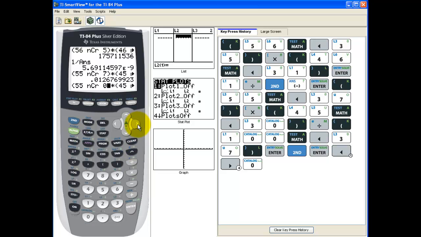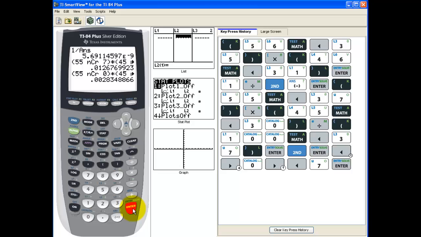It's supposed to be all Republicans. And then we want to have 45 choose 7. And the denominator is not going to change. So you just press enter and there's your result, about 0.0028, so about 3 thousandths, or 2/200ths of a percent, if you want to say it that way.